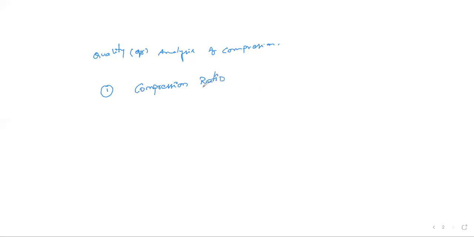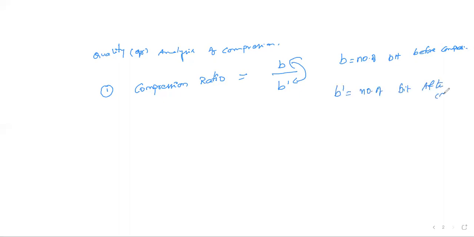Compression ratio is the ratio of the number of bits in two representations. B means the number of bits before compression, and B dash means the number of bits after compression. B and B dash are representations of the same image in two notations.